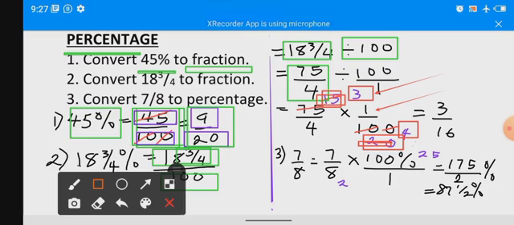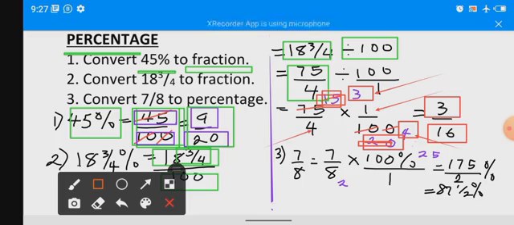In the denominator we are left with 4 and 4, and 4 times 4 gives us 16. So that is 3 over 16. We have converted the percentage to a fraction.